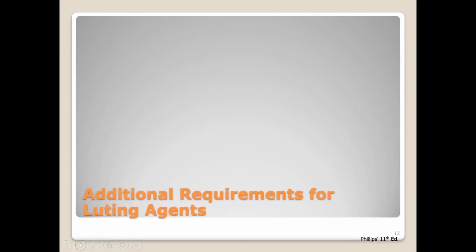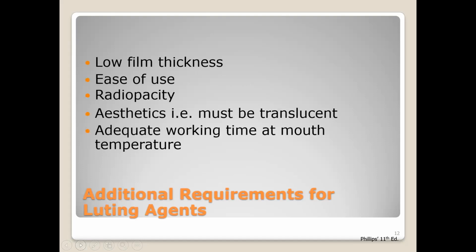Now, when we are using it as a luting agent, that is to bond a prosthesis or an appliance to the tooth structure, then it should have low film thickness, ease of use, radio opacity, good aesthetics and adequate working time at mouth temperature.